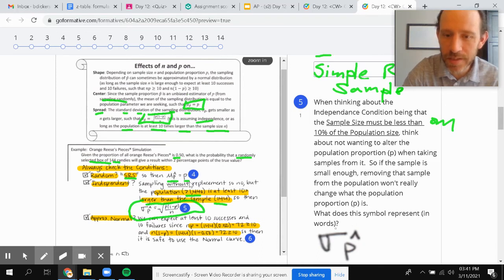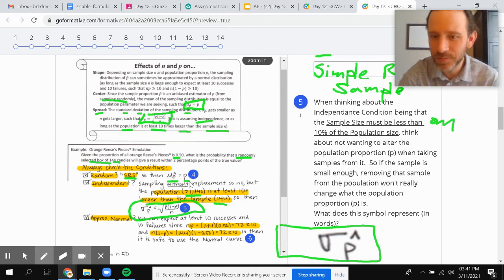And when I look at this symbol here, this kind of weird looking sigma with a p hat, what is that symbol talking about? It is this part, standard deviation, STDEV for short.